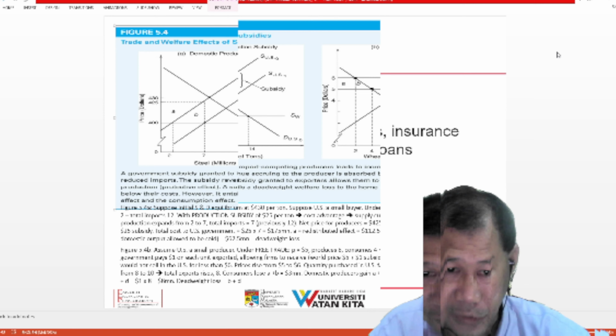Because previously consumers consume 4 and now consumers consume only 2. So this B is a deadweight loss. That's another one. The part that is lost also D. Producers don't get it. So D. So deadweight loss, there are 2 parts here. Deadweight loss.